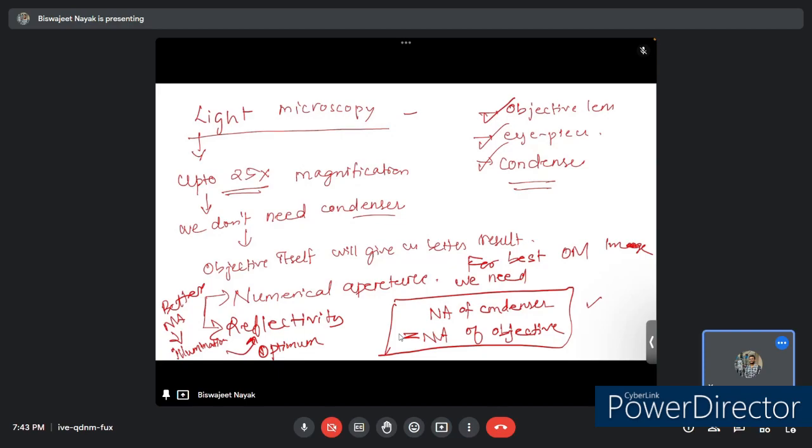In a light microscope, the images which we get for higher magnification are kind of obstructed, so we need the light to be coming through oblique angles.